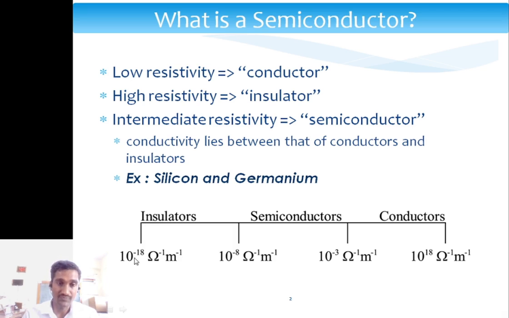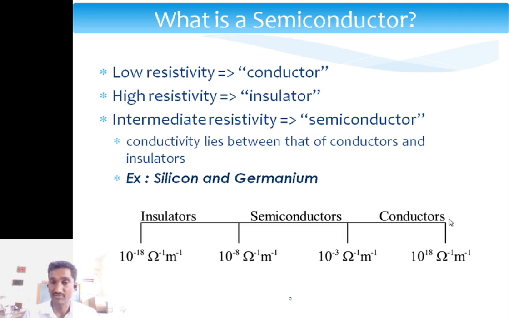We can see the insulator has a conductivity of 10 raised to minus 18. That means conductivity is very small, and since conductivity is inversely proportional to resistivity, the resistance is very high for the insulator.